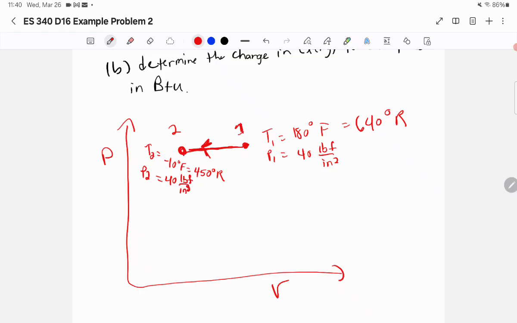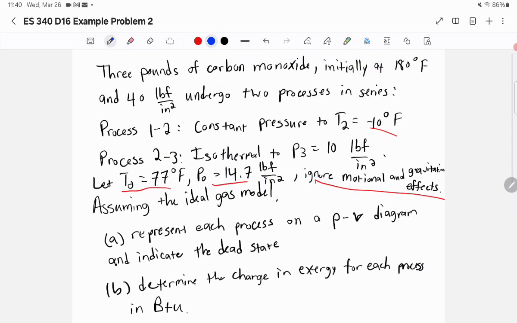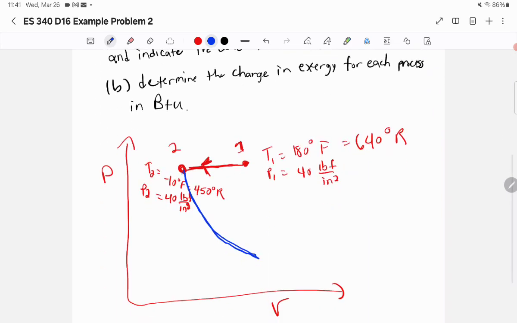And then maybe we'll go from 2 to 3 being blue. It's going to be at a constant temperature, isothermal, right? It was isothermal for process 2 to 3. So the isotherms kind of look like this on the PV diagram. And it's going to come down to state 3.